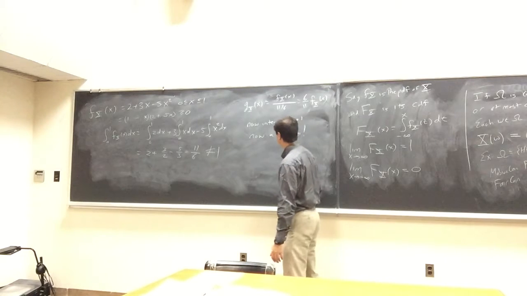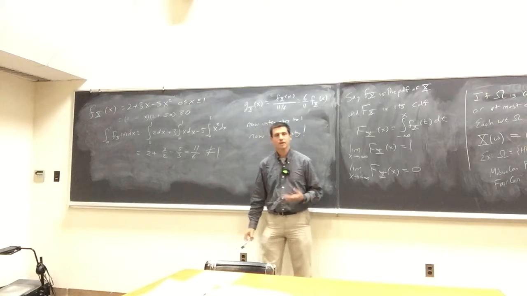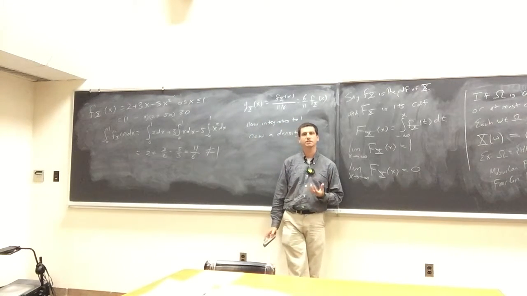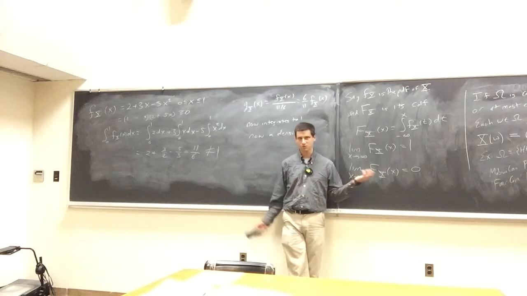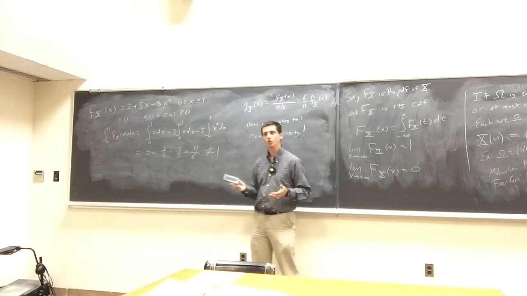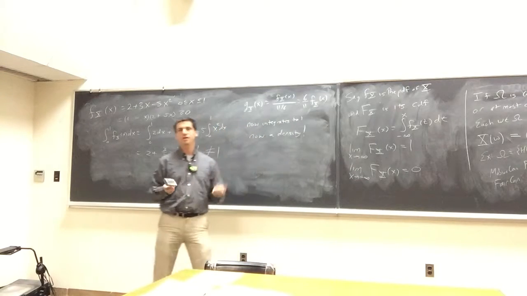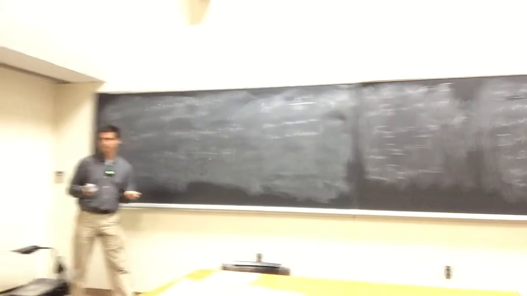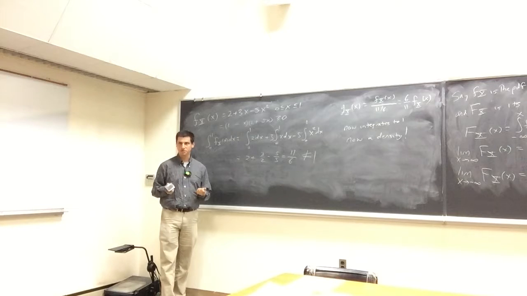Okay. What I want to do now is I want to go and look at rolling a fair die. How many of you have played games like Risk, Monopoly, games where you roll die? So if you roll 1 die, it's not that hard. If you roll 2 die, it gets a little bit more interesting.